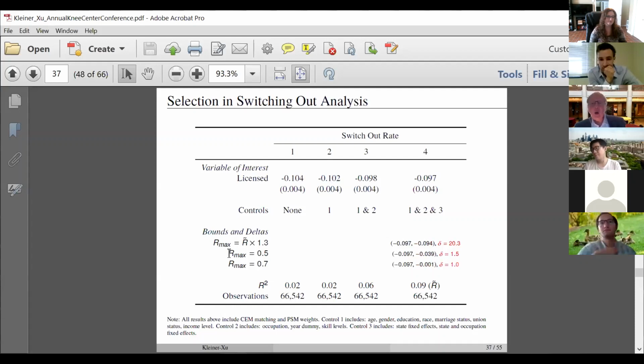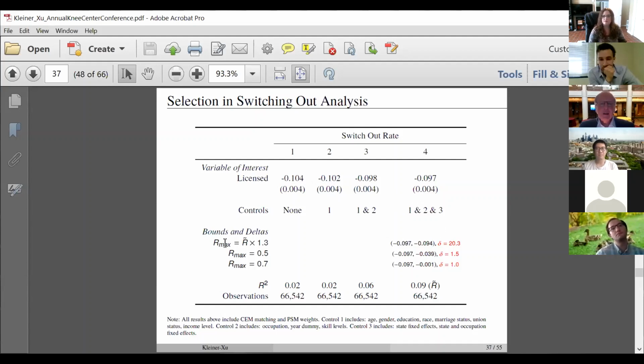There are also switching out rates. We also tested for the potential impact of unobservables on our results. Again, you can see this: as you add covariates, what is the effect on reducing the switching out rate?